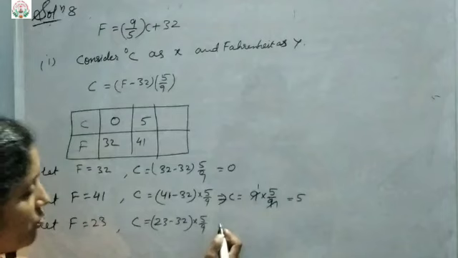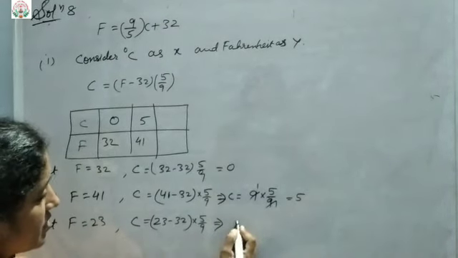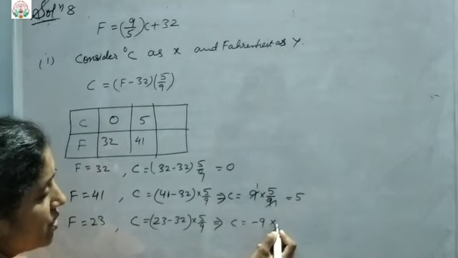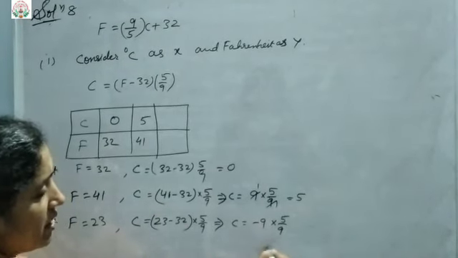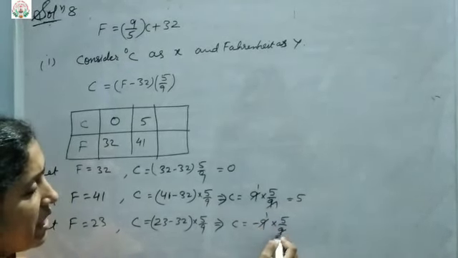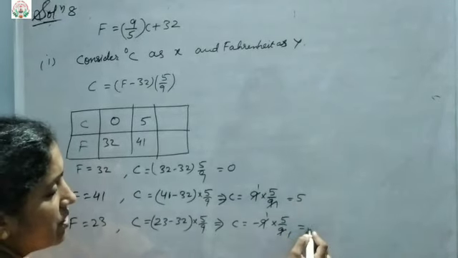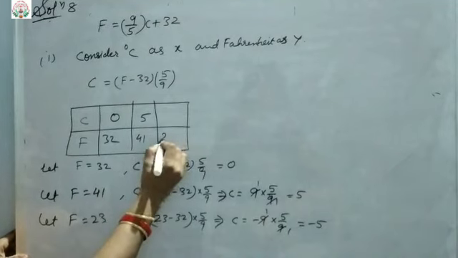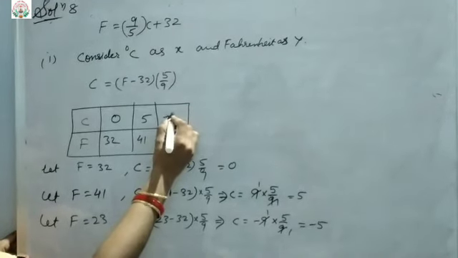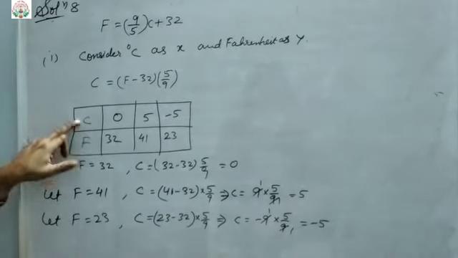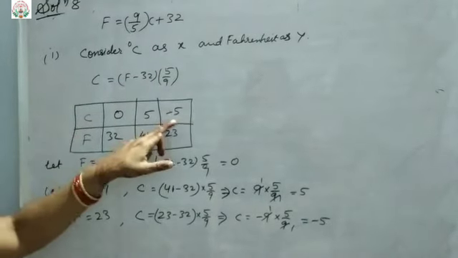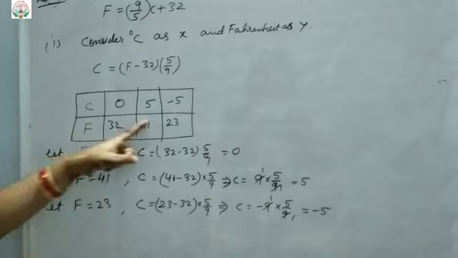So again C equals minus 9 into 5 upon 9. Again the 9 in the numerator and the 9 in the denominator will get cancelled. It will be minus 5. So when F is 23, C will be minus 5. Three values we got.